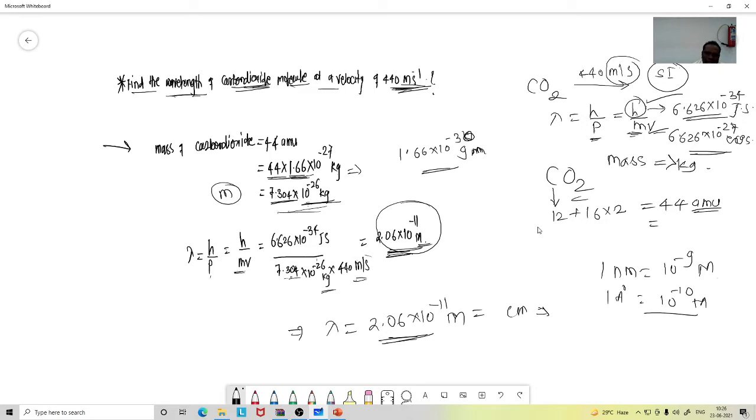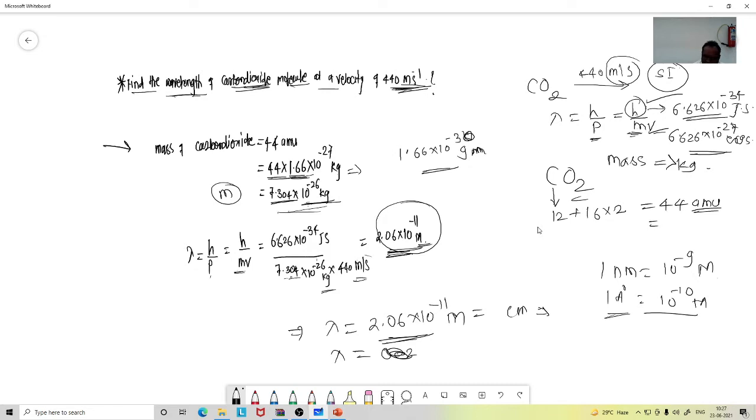Likewise we can convert this value, 2.06 into 10 raised to minus 11 meter, that comes out to be, that can be converted into the angstrom also.